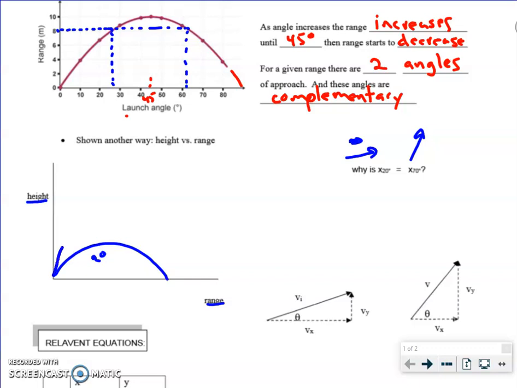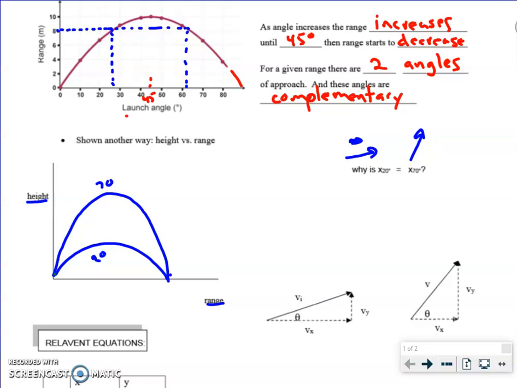That's what that graph above is doing. So I would draw something like that, where this represents 70. It's going to go higher, but it's going to end up at the same spot. On the other hand, 30 degrees is more vertical than 20, so it's going to go higher, and 30 degrees is closer to 45 degrees. If you try to gauge how far something is going to go, relatively speaking, the closer you are to 45, the closer you are to a maximum.